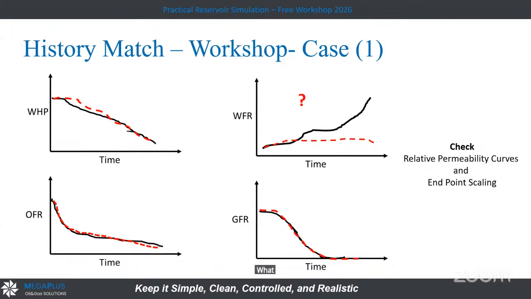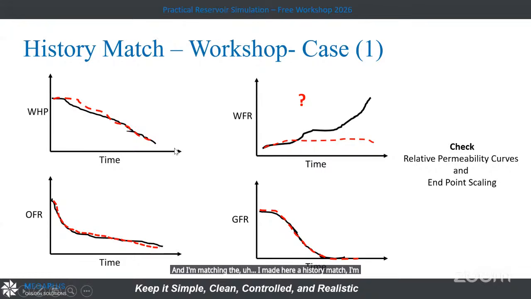What if I made a model, and in the model I have four charts: the wellhead flowing pressure, the water flow rate, the oil flow rate, and the gas flow rate. The real data is in black, and the model is in dots. I made a history match here.